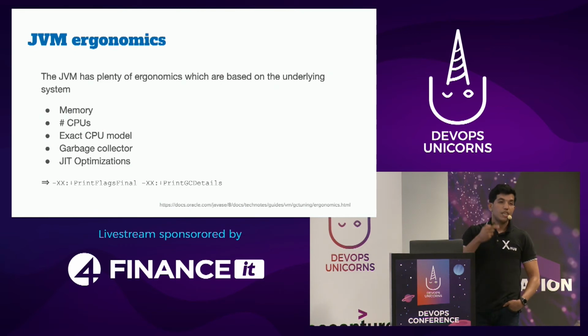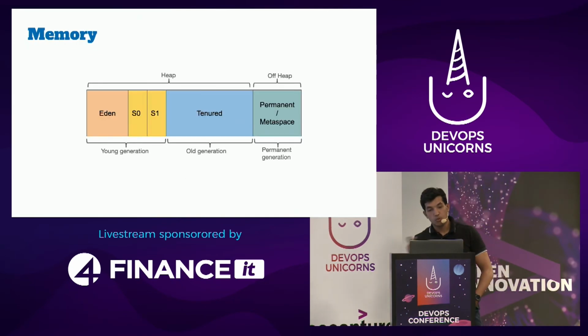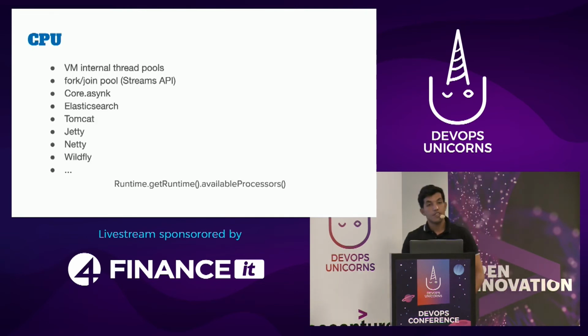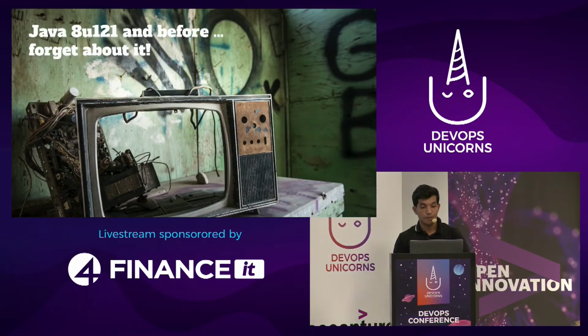But if the JVM fails to get that information, or gets it from the wrong place, this nice feature turns into a nightmare. In the demo, I presented an example of memory, but the same thing applies for CPUs. If the JVM gets the wrong CPU information, this will impact its internal threading, some popular APIs like the Fork/Join API and Stream API, and some other popular Java frameworks.